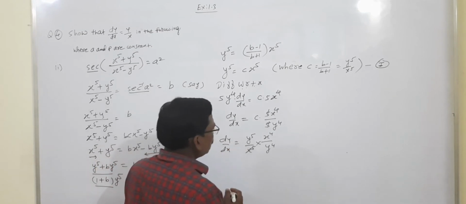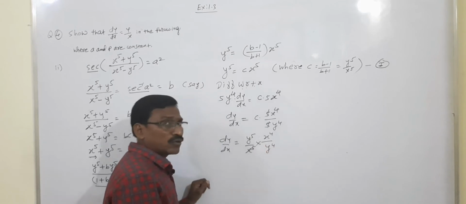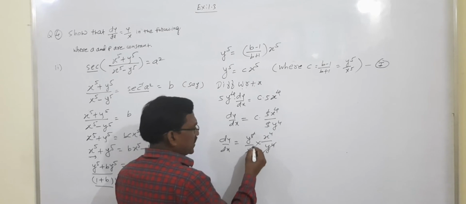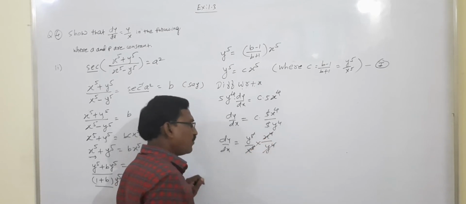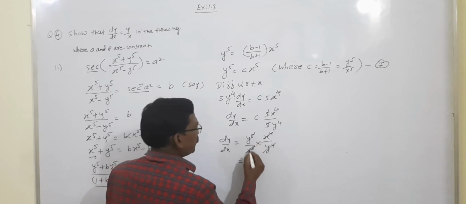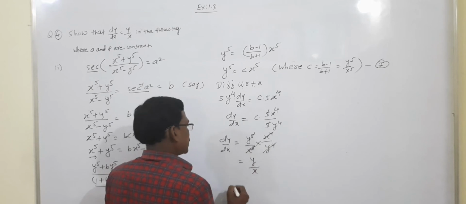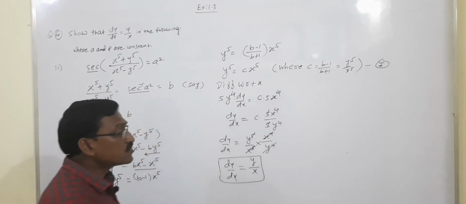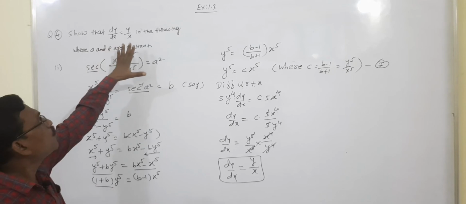Now here y to the power 5 divided by y to the power 4, we cancel out, same as we cancel out x to the power 4 with this x to the power 5. It remains only y divided by x, and so this is dy by dx. Hence we have shown that dy by dx equal to y by x.